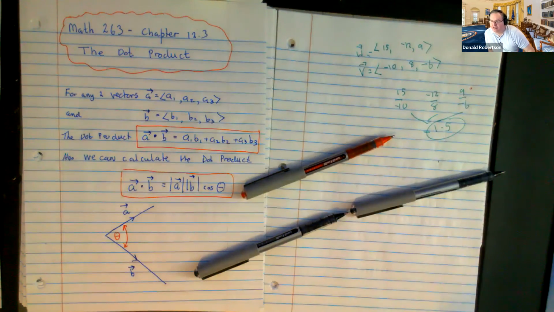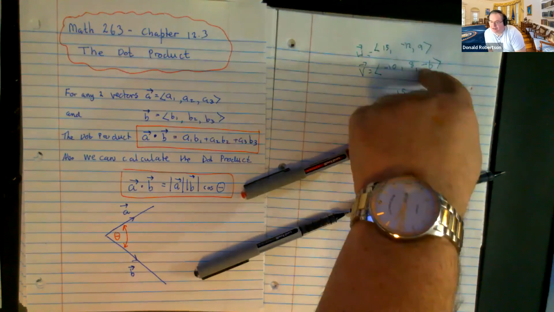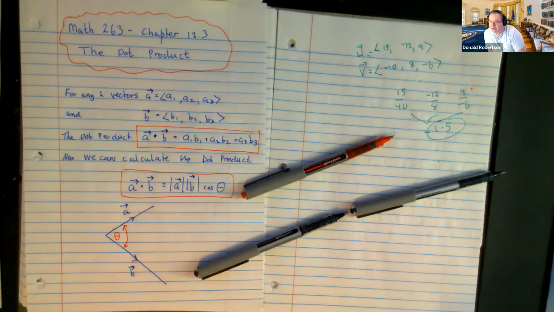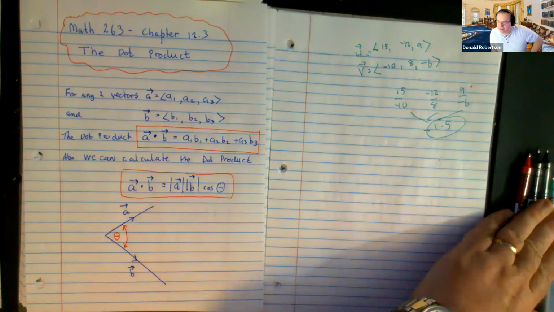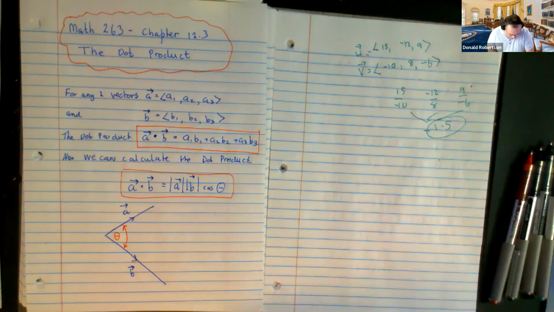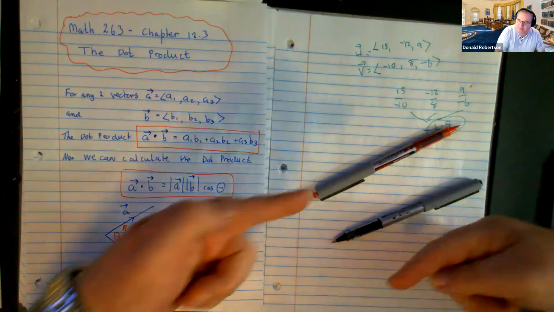If you can get the same ratio, they're parallel. So just look at the X's and divide, look at the Y's and divide, look at the Z's and divide. If the answer's the same, they're parallel. And that's a little bit less work, isn't it, than trying to find the length of the vectors and doing all the other stuff that you would have to do. So you can use dot products to find out if something's parallel. The angle will be 0 or 180, because parallel doesn't care if you point this way or that way, you're still parallel, right?